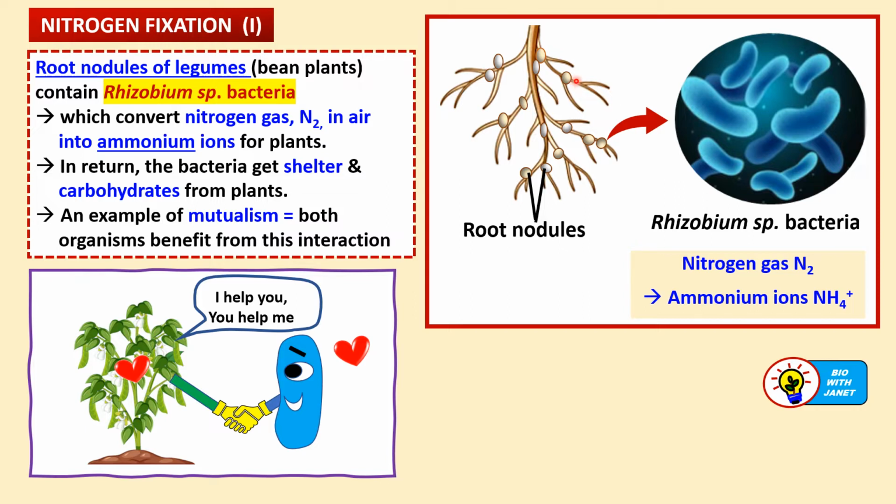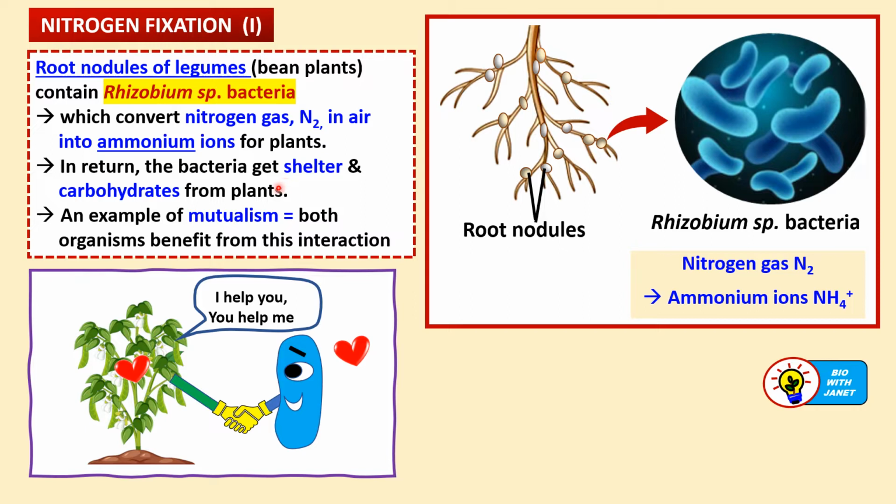And inside the root nodules or swellings, there are lots of these rhizobium species bacteria that have the ability to convert nitrogen gas in the air into ammonium ions, NH4+, in the root nodules. So this is the important part of the notes for the nitrogen cycle.